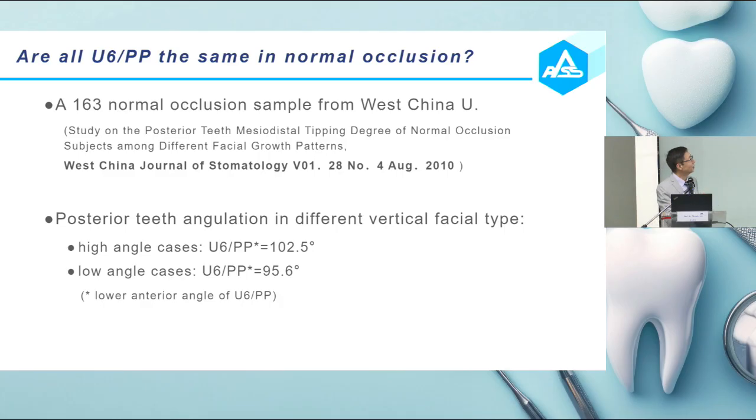And found for high angle case, upper molar tipped back more. And low angle case, upper molar tipped forward more. So even for class 1, skeletal class 1, upper molar also compensates to the vertical skeletal pattern. They are different.